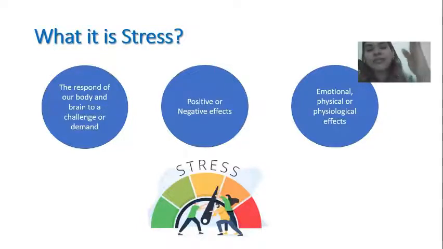If we are on the green level, we can say there is a positive effect, and our performance increases. But when we are in red, those are negative effects. This can be emotional, physiological, or physical effects.